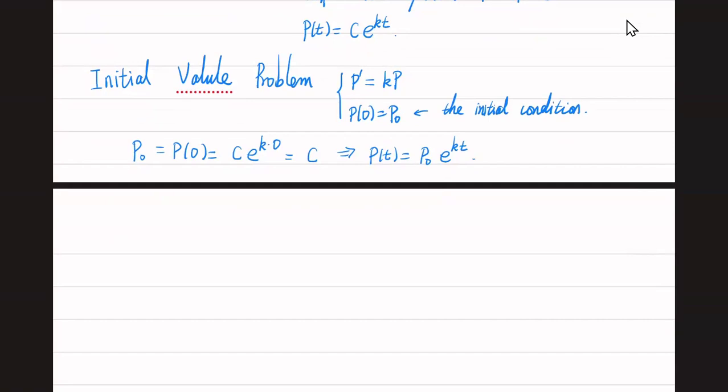So modify the model. Now we introduce the capacity of the environment, the container.